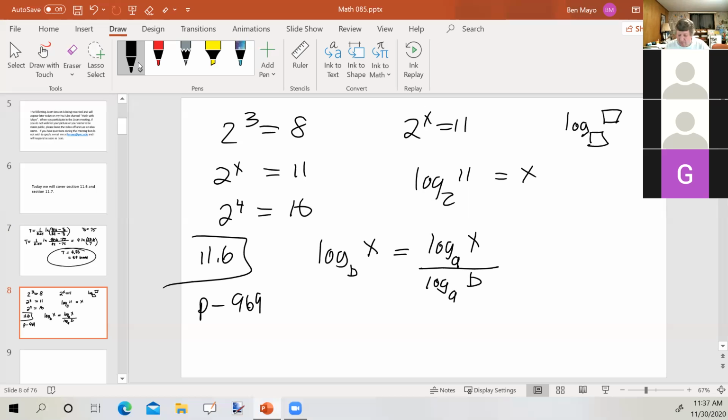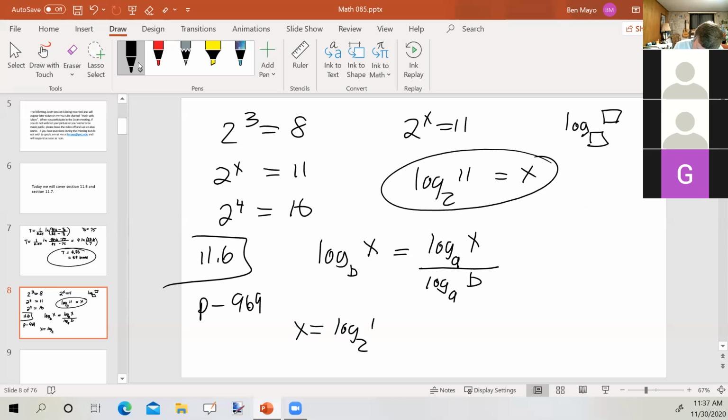Now, what about base a? Well, we want to use either base 10 or base e because those two we have in our calculator. Okay, so let's take this equation, x equals log base 2 of 11.